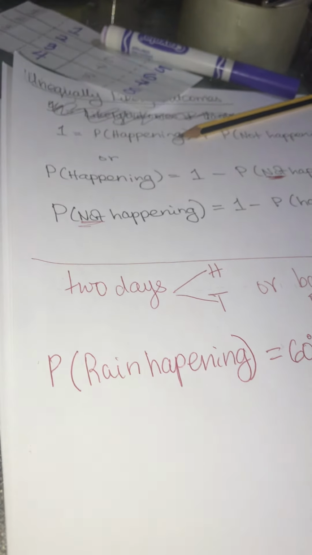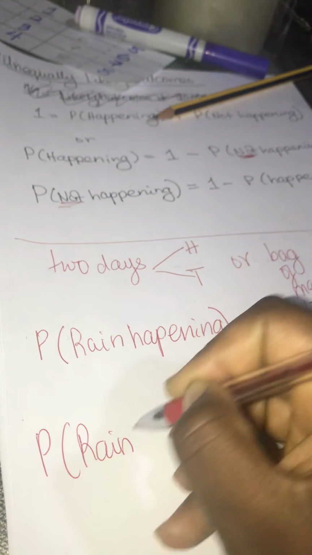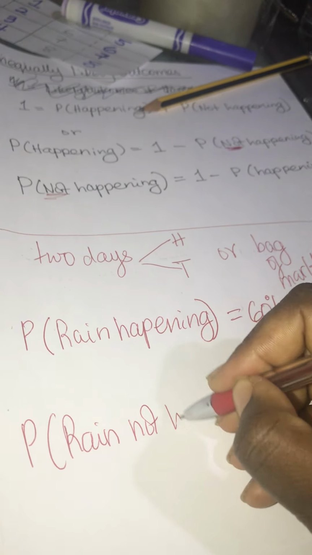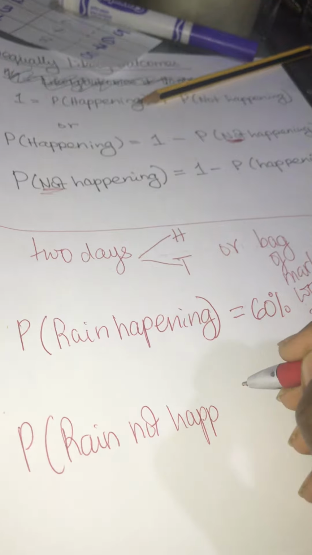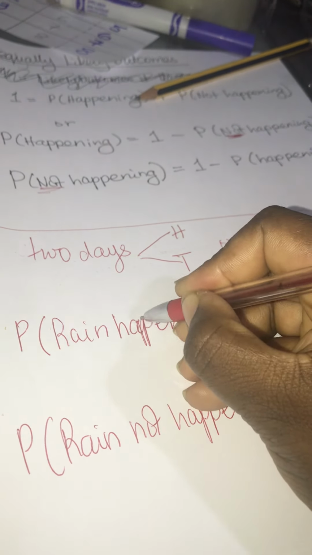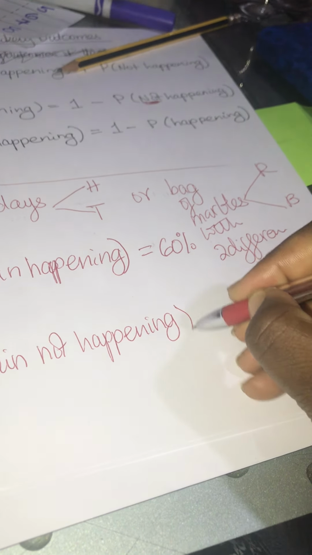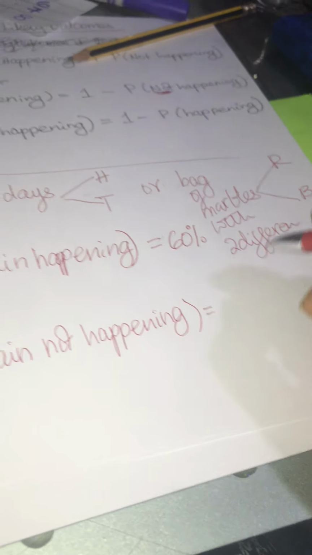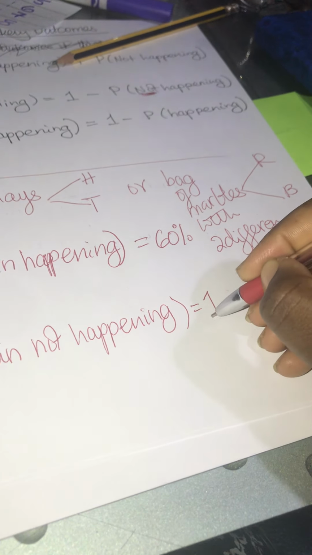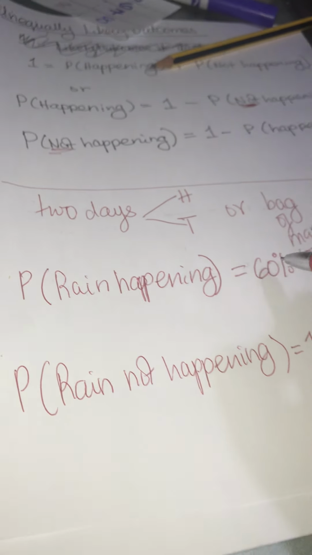What is the probability of rain not happening? You should ask yourself that. So you write probability of rain not happening, or probability of not raining. It will be 100%, because now we are using percent.